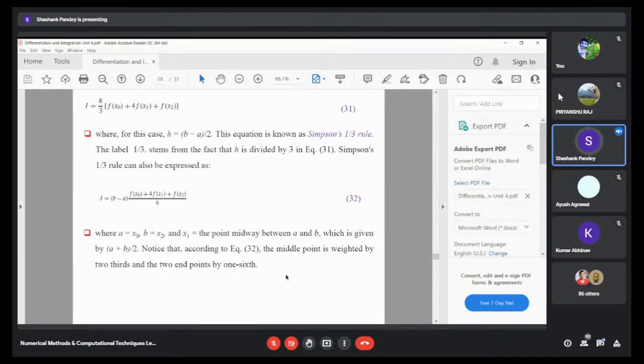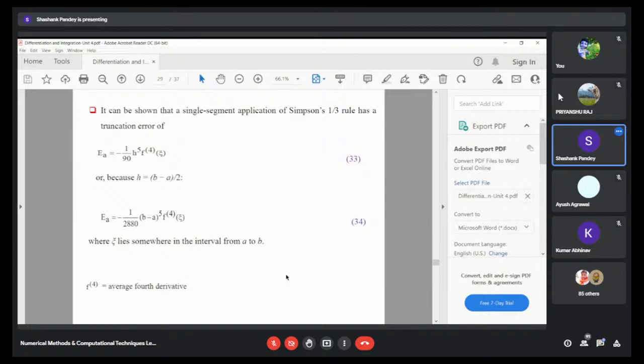However, the inner points are multiplied with a factor of 4, and h is the width of the interval. So equation 31 may also be expressed by equation number 32, and we have replaced the terms a and b with x0 and x2.